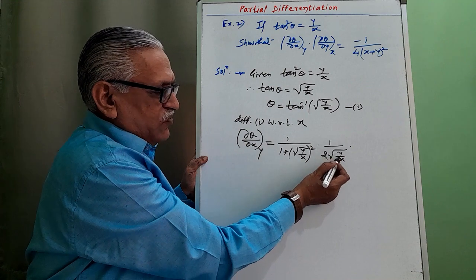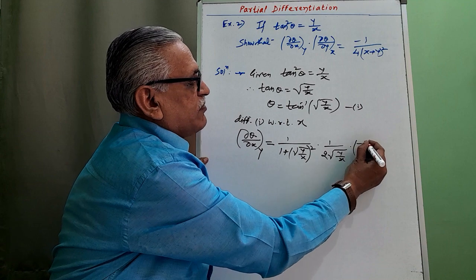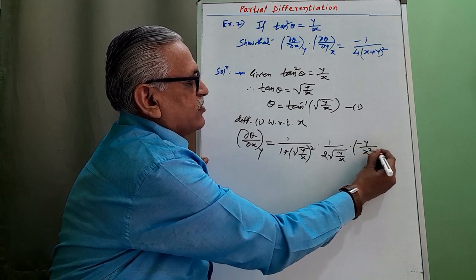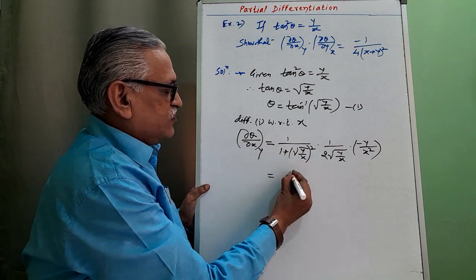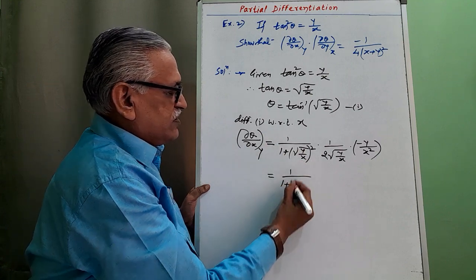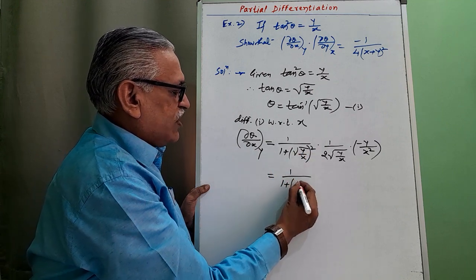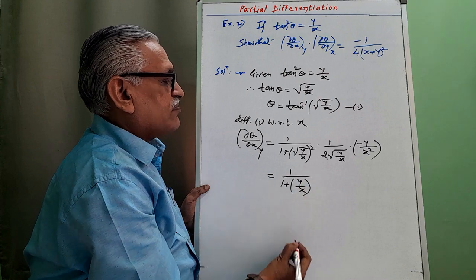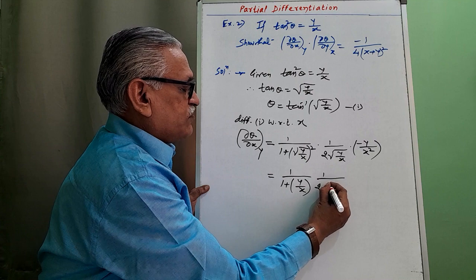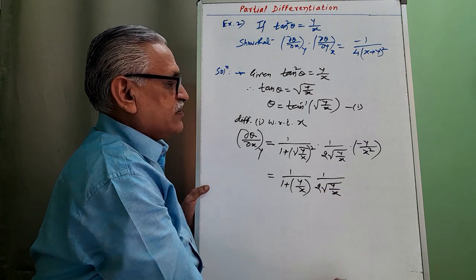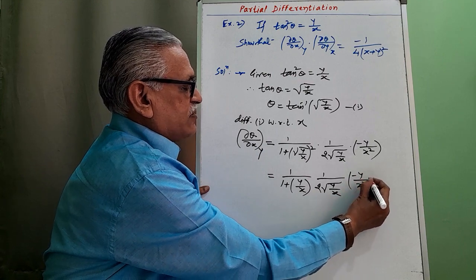Differentiation of y by x with respect to x, derivative of 1 by x is minus 1 by x square, and therefore it becomes minus y by x square. Simplifying it, it is 1 upon 1 plus y by x, 1 by 2 times root of y by x into minus y upon x square.